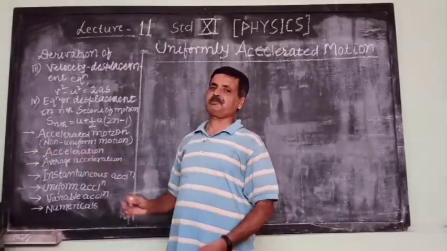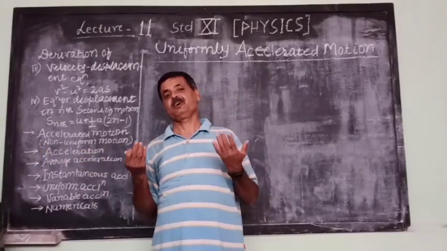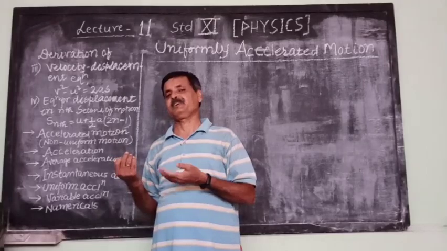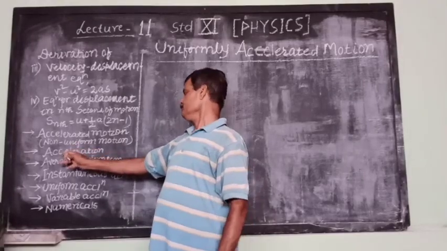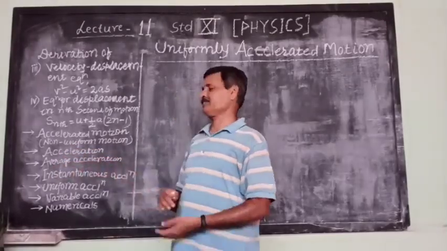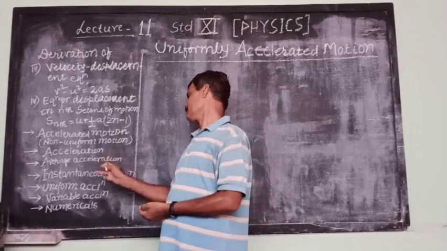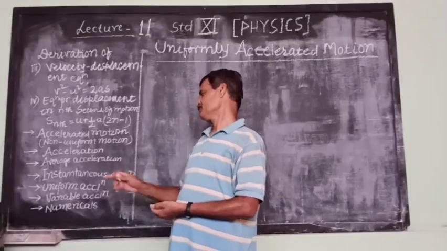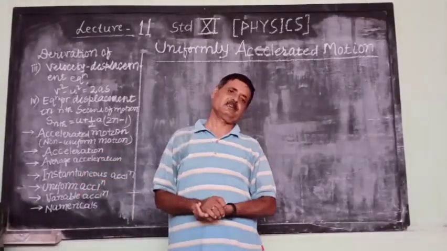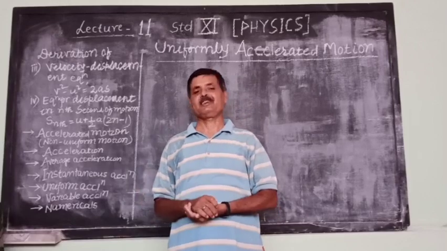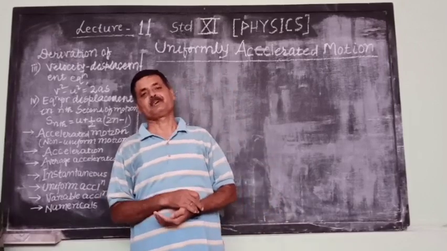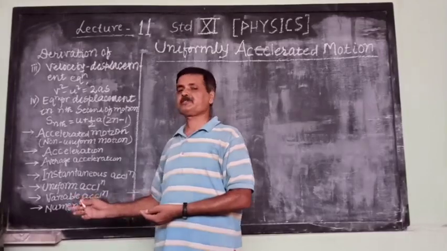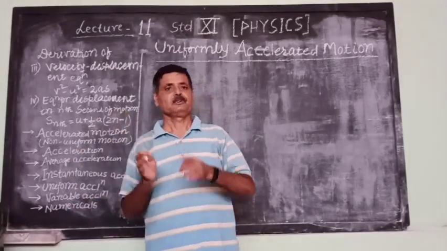Just after that, that is acceleration. You all are already well familiar from standard 9. Average acceleration, instantaneous acceleration, uniform acceleration, variable acceleration, and then after that numericals related to it.